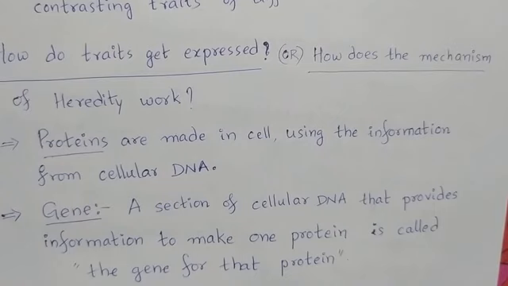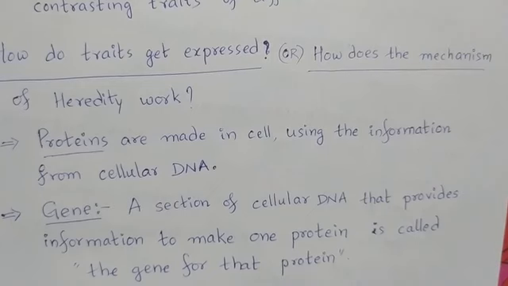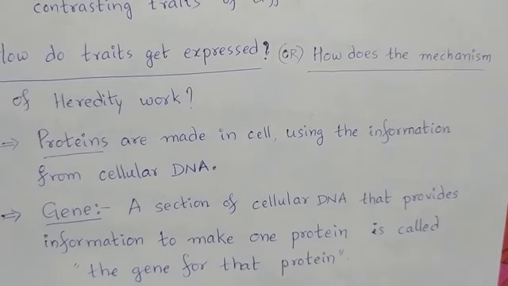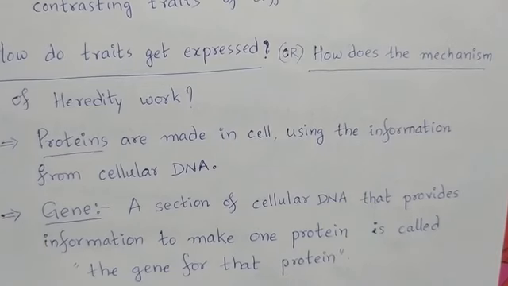Proteins are the chief biomolecules in most living organisms because they decide all of the characteristics of the organisms. These proteins are made in the cell using the information of cellular DNA.